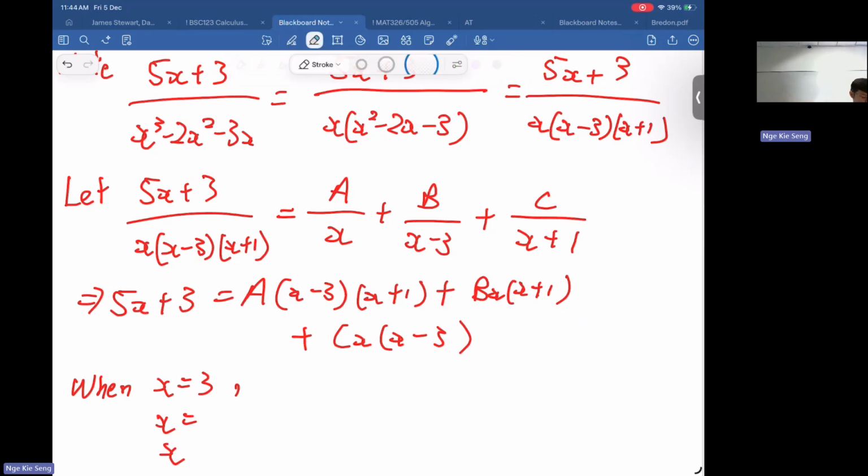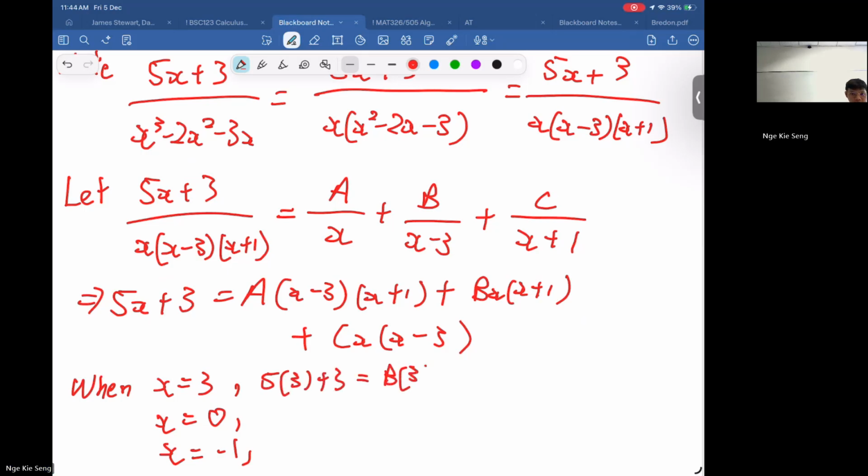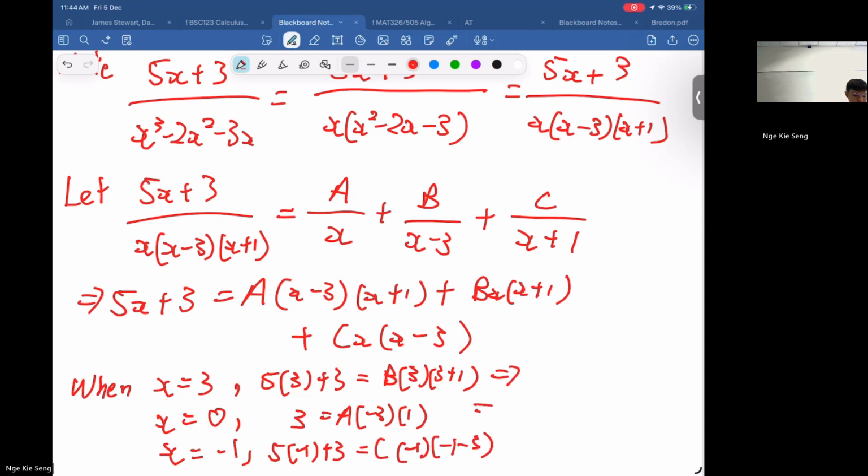Okay, so if you do this calculation, you will get B is 3/2, A is -1, C is -1. Okay, you can verify this.